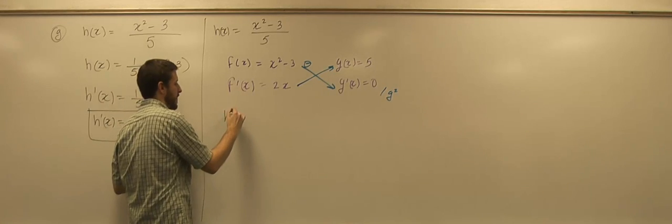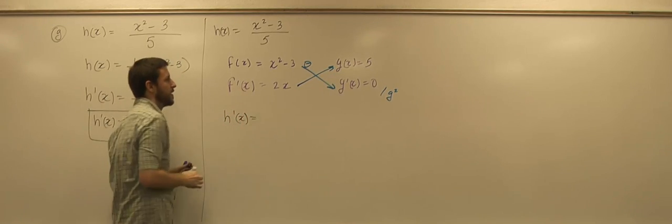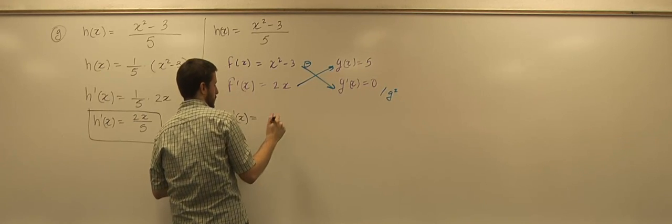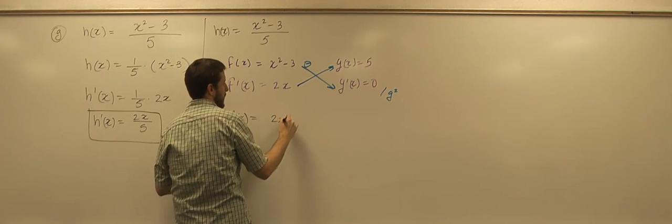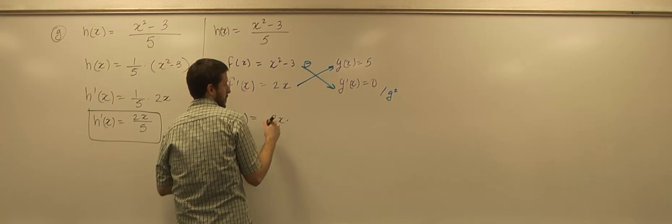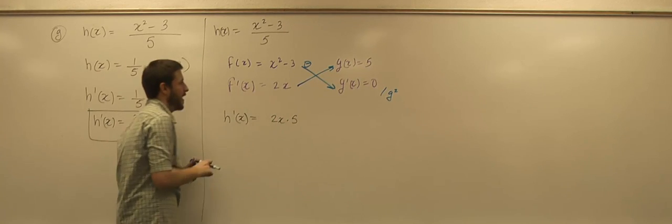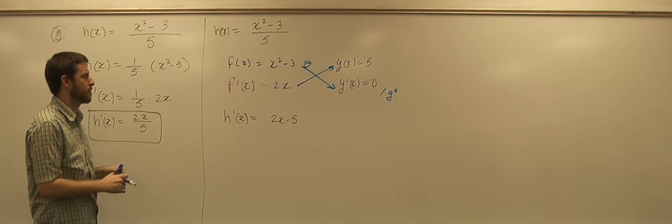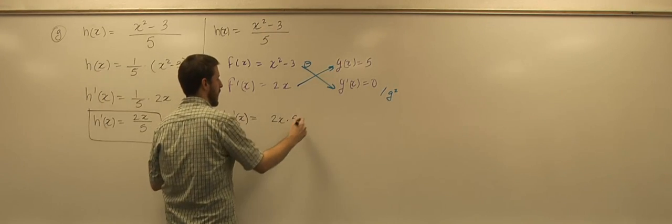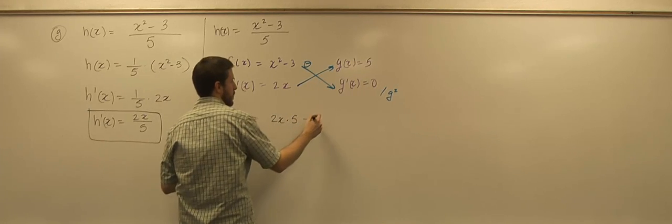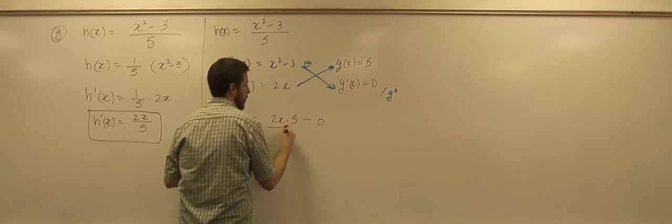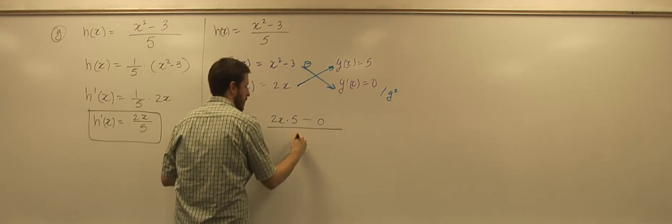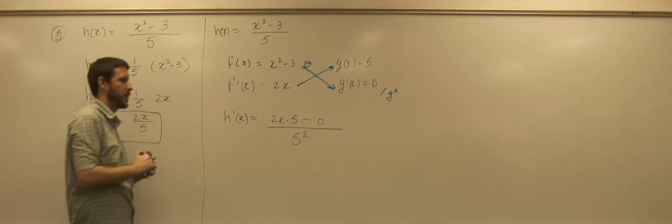So h prime of x is equal to 2x times 5 minus 0 over g squared, 5 squared.